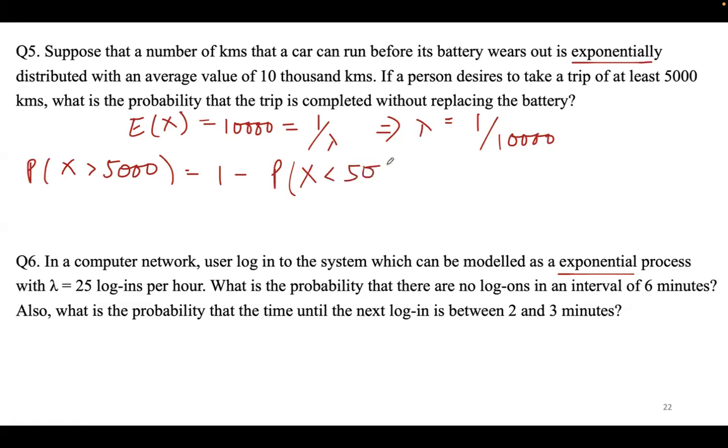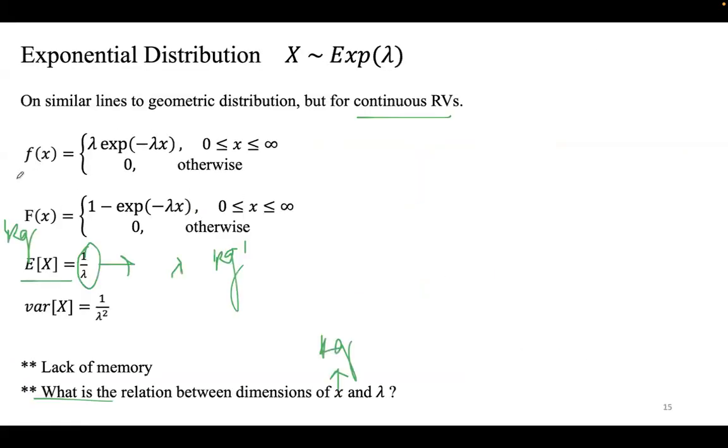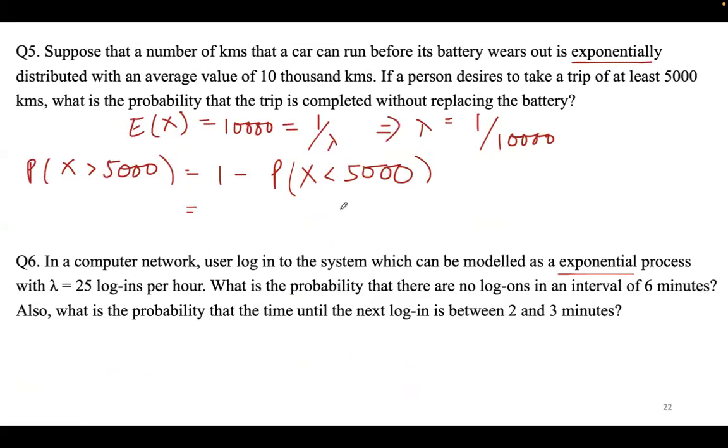Now again, this is exponential distribution, so nothing about normal distribution here. And if you remember the formula for the CDF, that's 1 minus e to the power minus lambda x. So, 1 minus e to the power minus lambda, and x is 5,000.